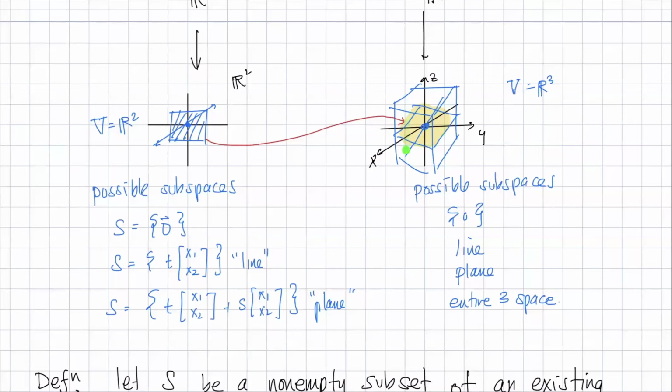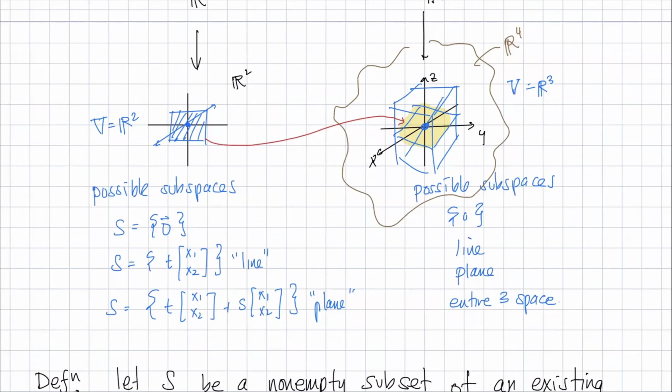And even though this is R3, a 3-dimensional vector space, I shouldn't draw this, but I'm going to. That is contained in something that I can't draw. That is a subspace of a 4-dimensional vector space that it's nested inside of. And so it just keeps going up in dimension. We call these all vector spaces, but sometimes you're working in the subspace of a larger vector space, and so on and so forth.